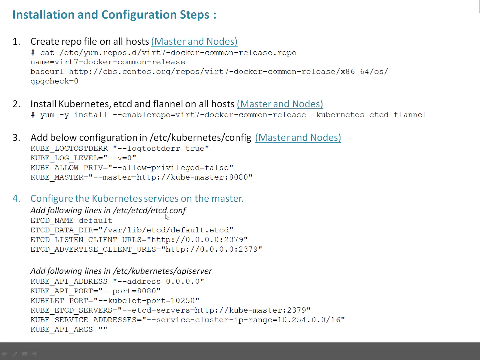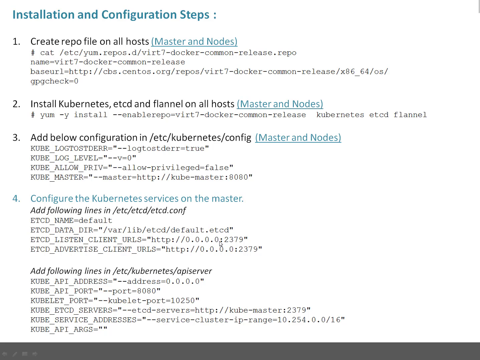So I'm configuring etcd. In the etcd.conf file I'm saying etcd name default. This is going to be the etcd data directory, then listen client on this particular port. You may be thinking what 0.0.0.0 means.